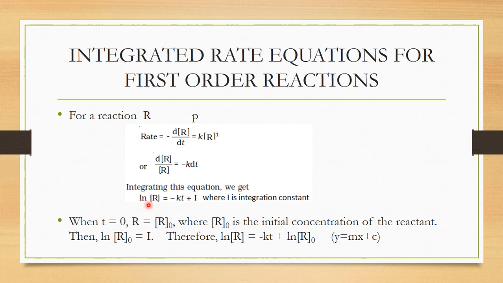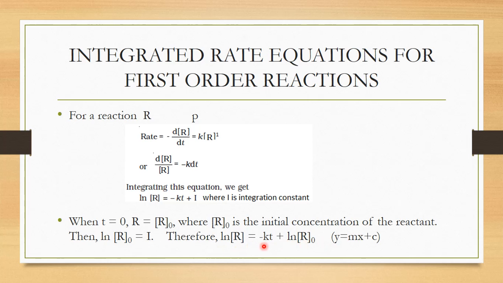So, putting the value in this equation, you will get natural log of [R]0 is equal to I. So, the equation will become natural log of [R] is equal to minus kt plus natural log of [R]0.